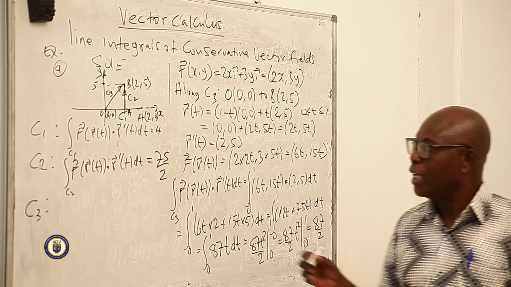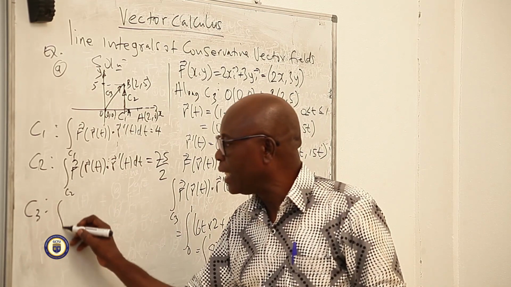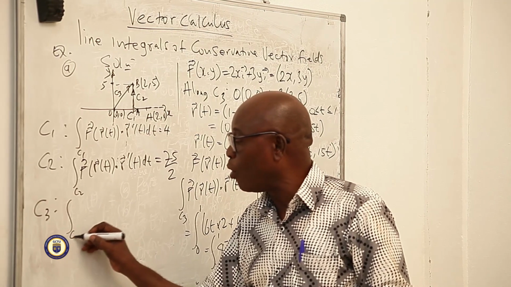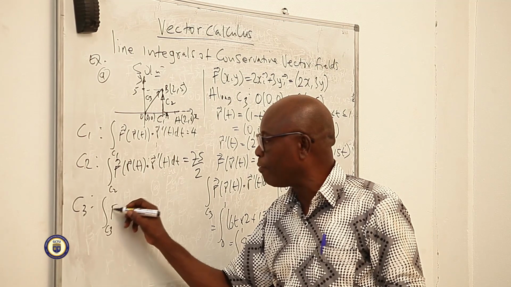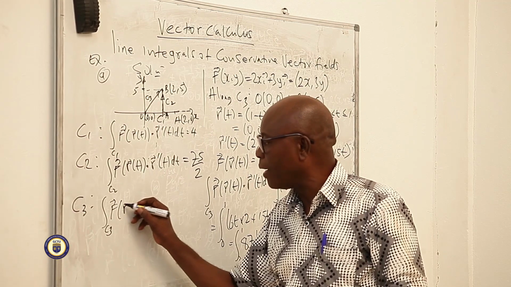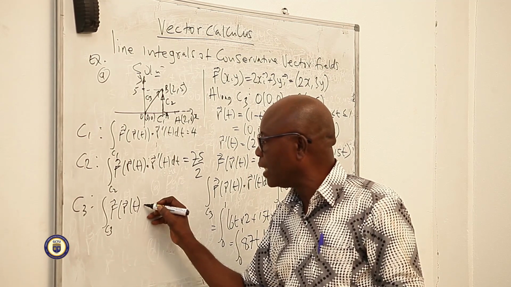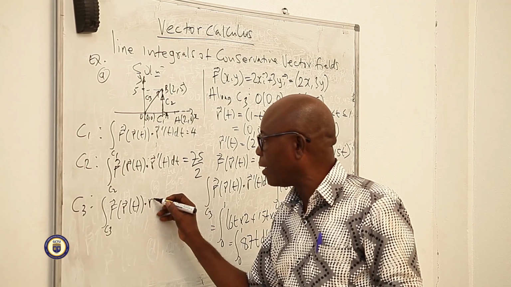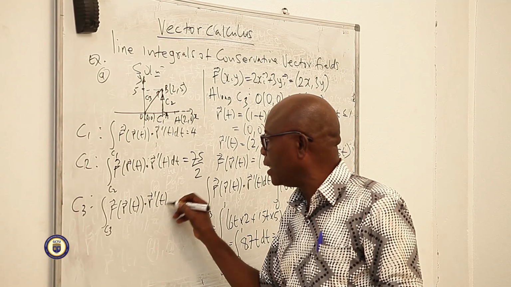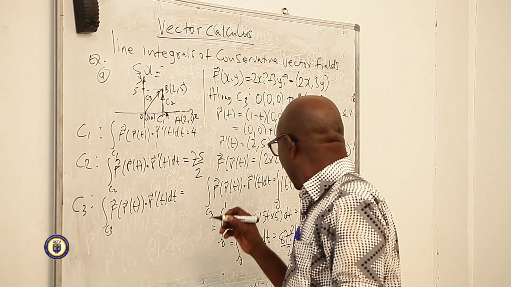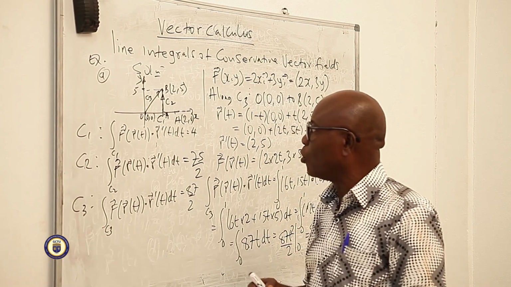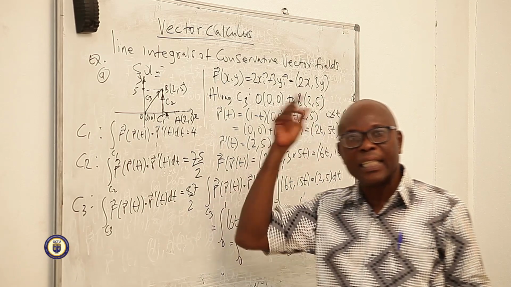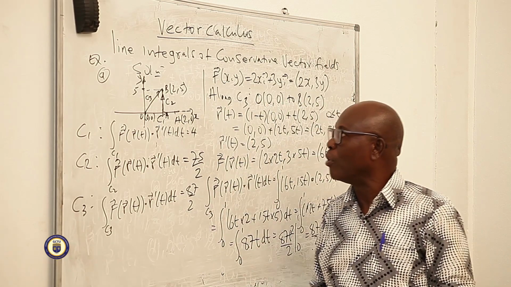And so if you integrate along the third path, C3, of F of r of t dot r prime of t dt, we're going to have 87 over 2.